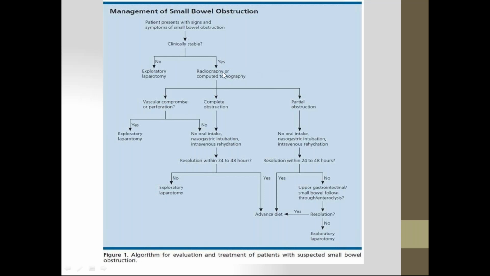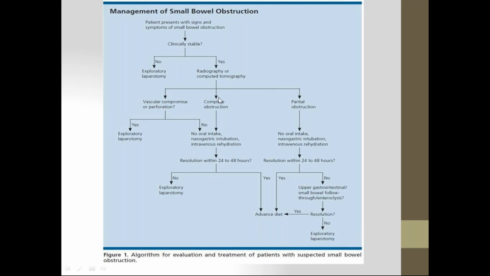Nowadays, CT abdomen is more commonly used because in these conditions, CT can reveal any vascular compromise or perforation, and whether the obstruction is complete or partial. So if there is vascular compromise, you need to immediately proceed with the exploratory laparotomy.